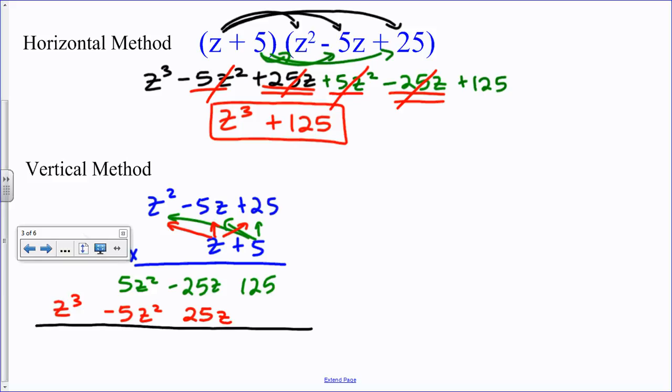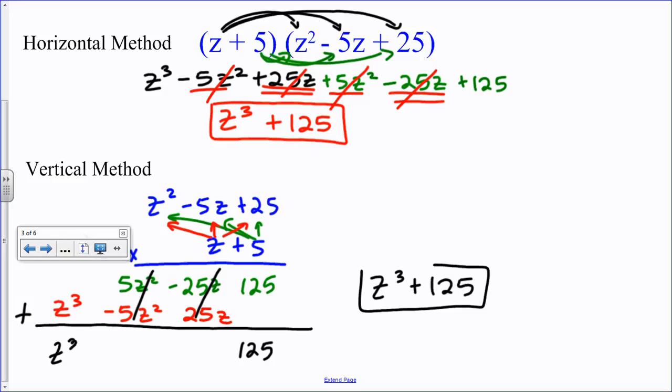What's the process from here? Yeah, add down. Okay. So I have 125, because this is an empty spot. That cancels. That cancels. And I bring my z cubed. Now you can't just leave this big blank space here. That's a positive 125, so you would write it as z cubed plus 125.